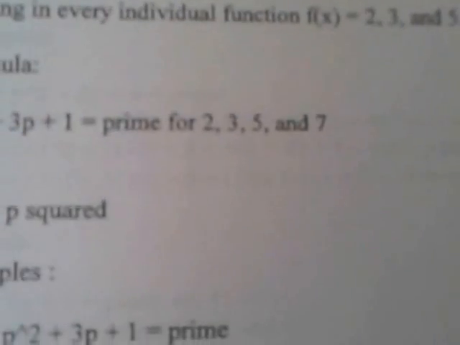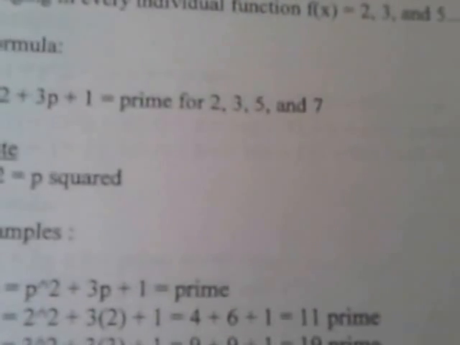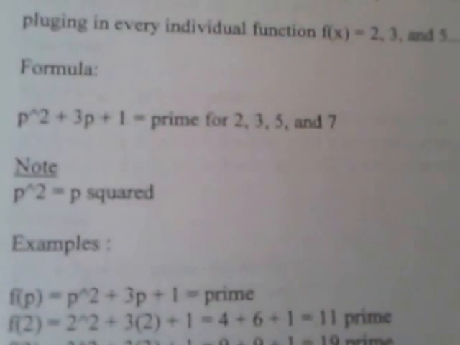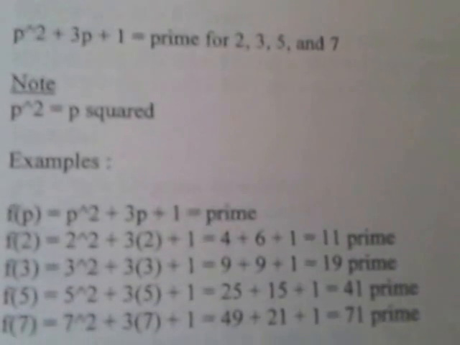The formula is p squared plus 3p plus 1 equals prime for 2, 3, 5, and 7. Actually, it's f of p equals p squared plus 3p plus 1.